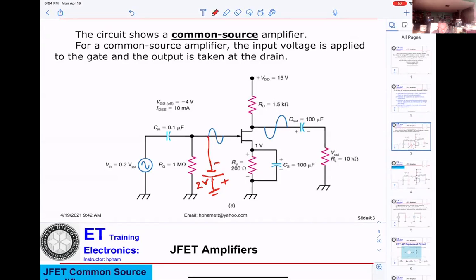So now if you don't have a resistance here, then when we apply AC, you must short this power supply to the ground. If you don't have a resistor here, this sideway cannot go into the JFET. It will go to the ground.